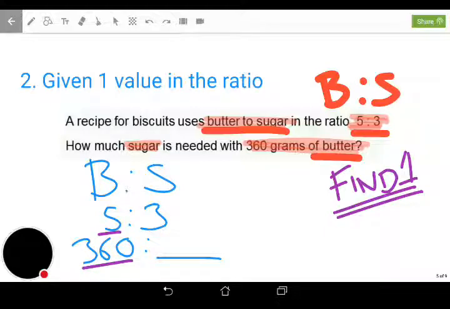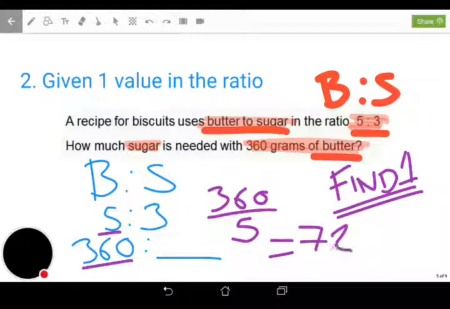So to find one part, I do 360 divided by 5, and by dividing it by 5 that gives me the one part, so that gives me 72. Now what I don't want is one part, I want to represent 3 parts.